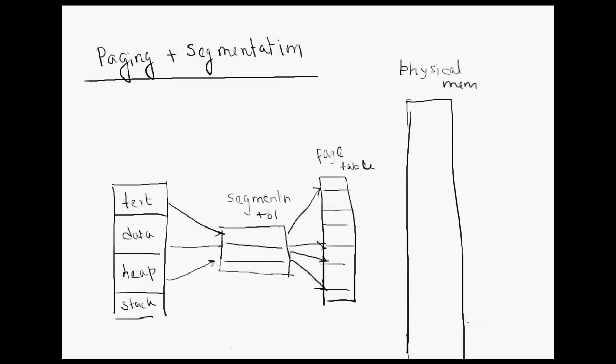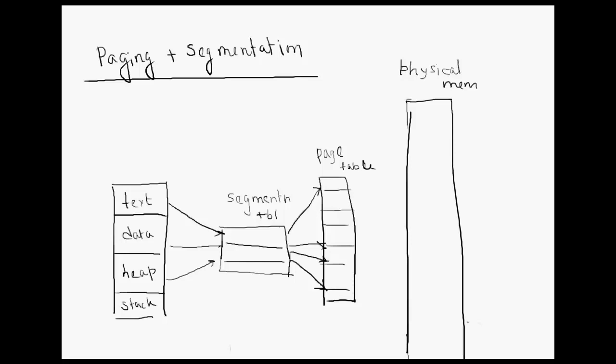By joining these two schemes, paging and segmentation, we can have a scheme where we can use the best of both of these things. Any program, when it's loaded in the memory, has different segments which are text, data, heap, stack.